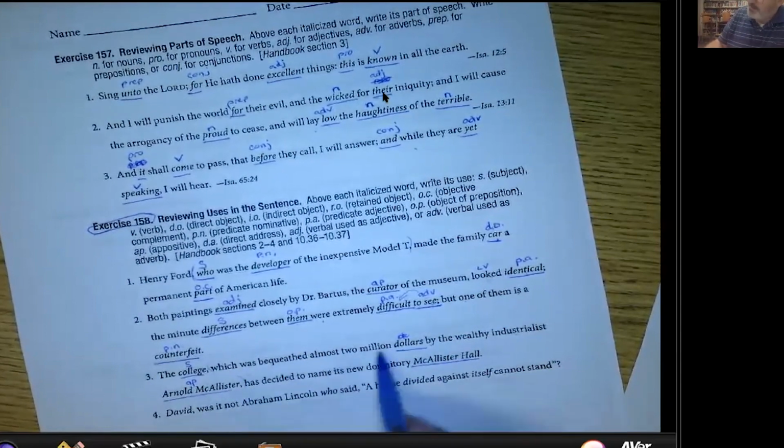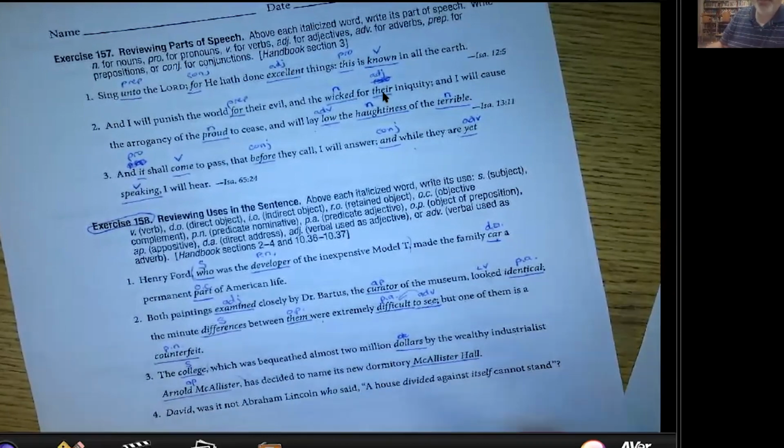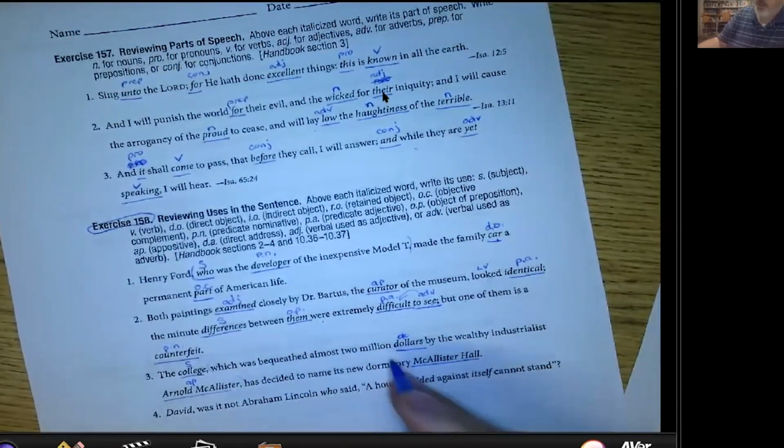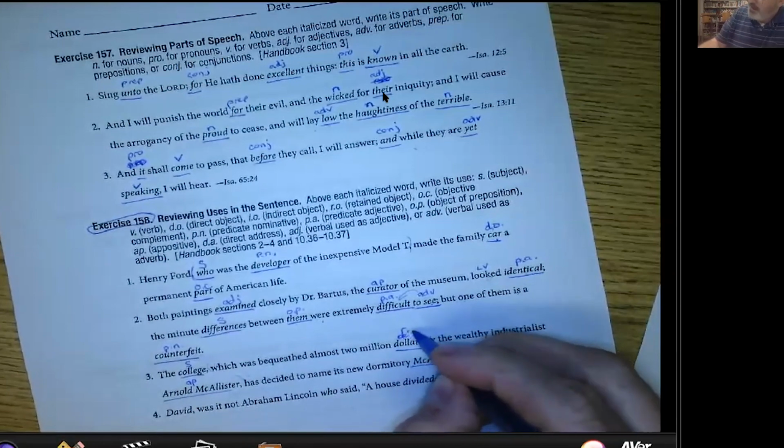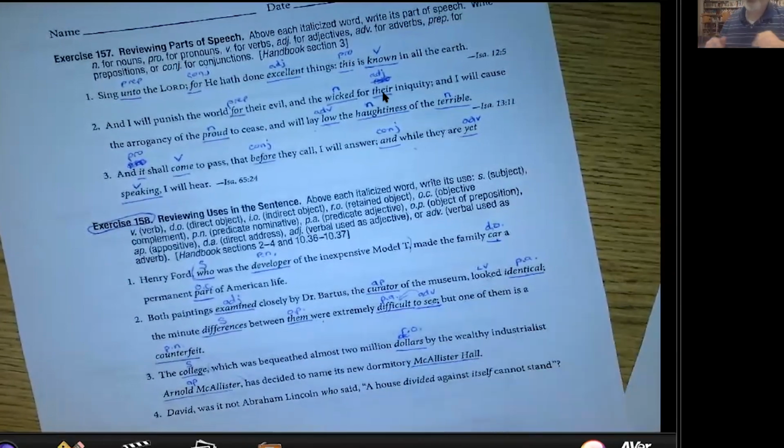So the subject would be dollars. But in this case, it's passive voice because dollars is not the subject, but that still was what was bequeathed. So what would be the direct object in that sentence is called the retained object. So if it looks like a direct object, but it's in a passive voice sentence or clause, then you call it a retained object instead of a direct object, okay?